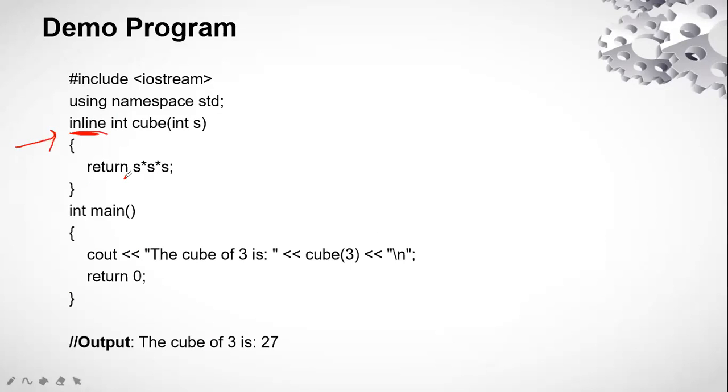Here we have, let's say, return s * s * s. Then we write the main program, and in this main program we have cout of the cube of 3, so I'm calling this function, cube(3). It is going to give you the result. It will return 0 and then the closing curly brace. Now the output of this program: the cube of 3 will be 3 * 3 * 3, that is 27.